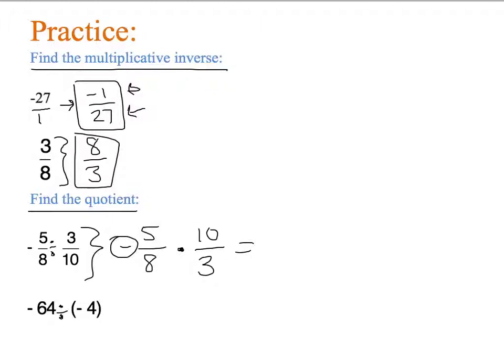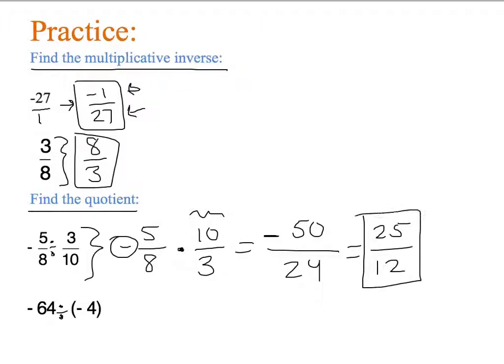We have a negative multiplied by a positive number, so that's going to give you a negative overall. 5 times 10 is equal to 50, and 8 times 3 is equal to 24. Now you can simplify. 50 divided by 2 will give you 25, and you can also divide 24 by 2, which will give you 12. And that's your simplified answer.